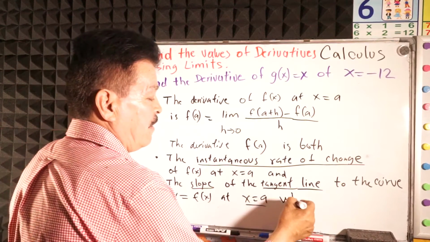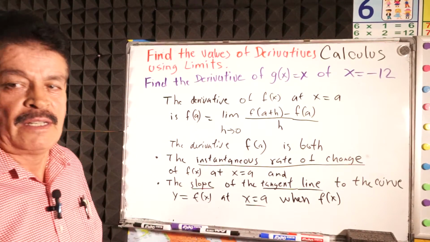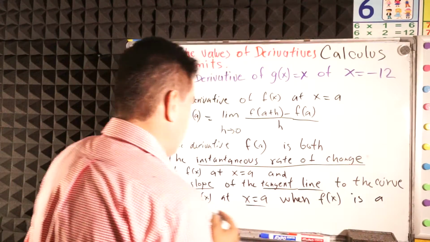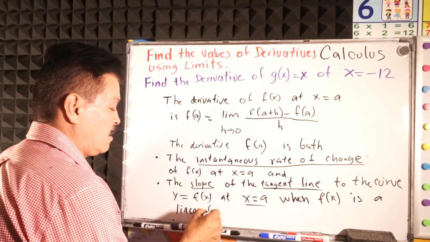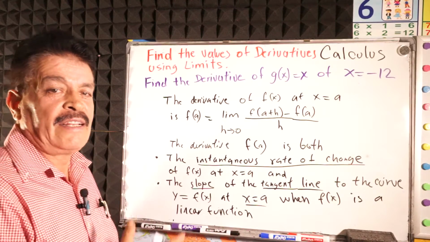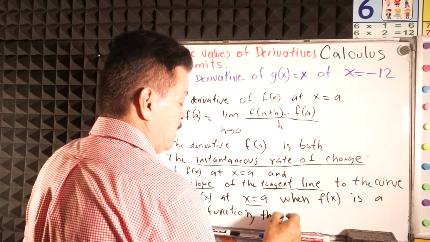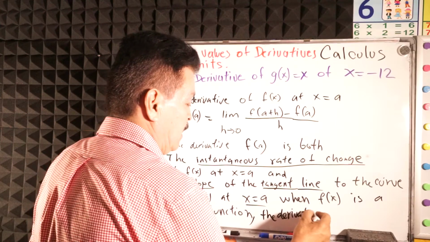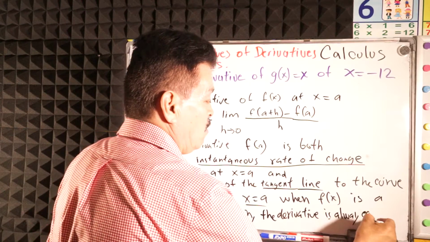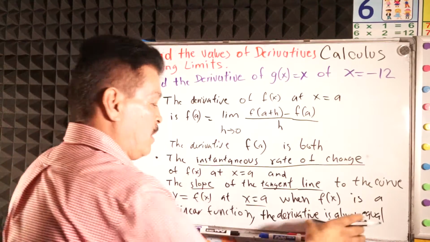When f of x is a linear function, correct? It's a linear function. The derivative is always equal to the slope.